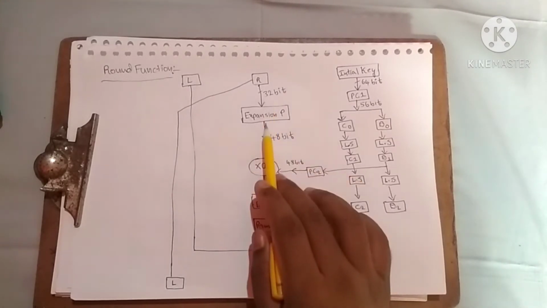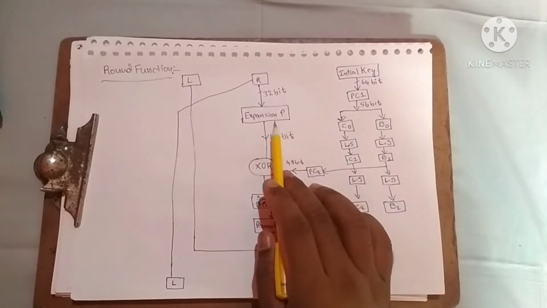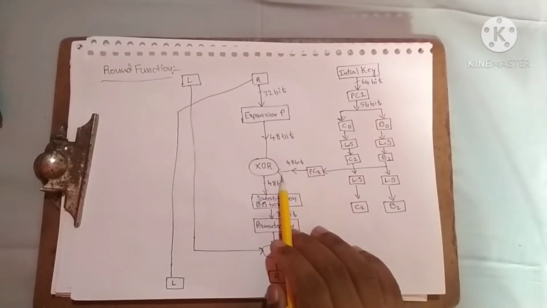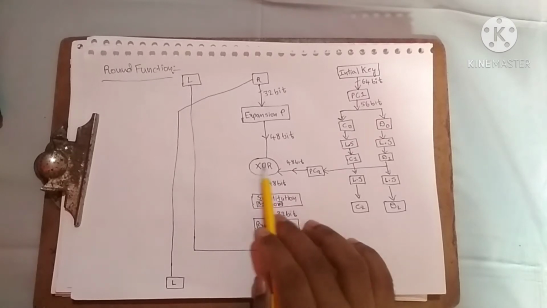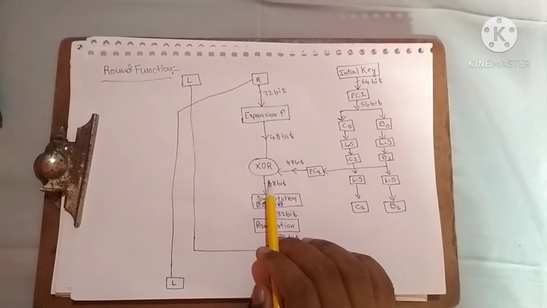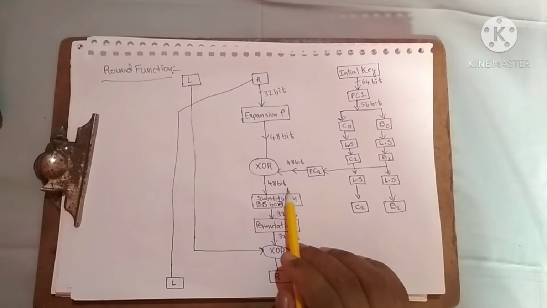The 32 bit input goes through expansion permutation and is expanded into 48 bits, and these two 48 bit values are combined and an XOR operation is performed, rearranging the bits. Output will be 48 bit.